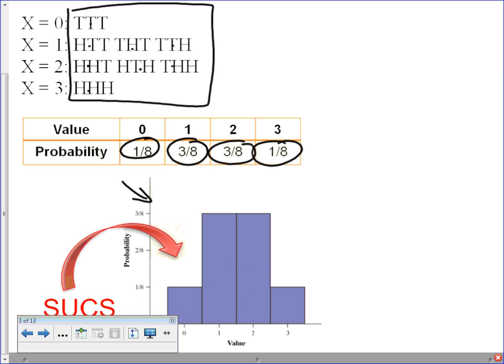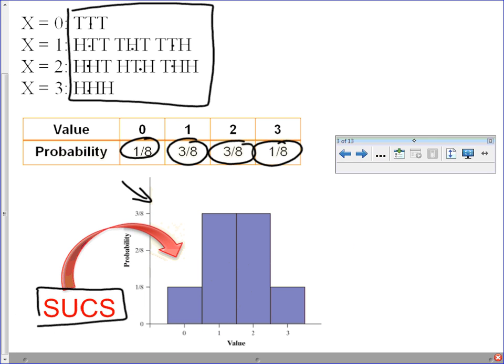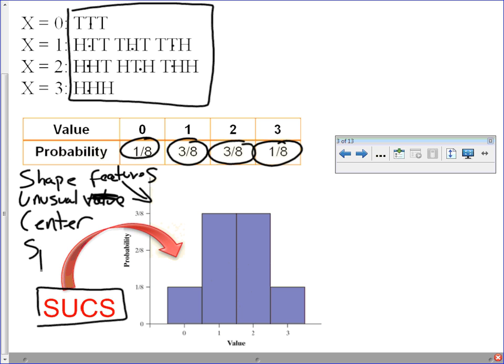And remember, if I was going to ask you to describe that distribution, you would describe it with SUX. And remember that SUX stands for shape, unusual values, including outliers, but also unusual shapes, or unusual features, and then center and spread.